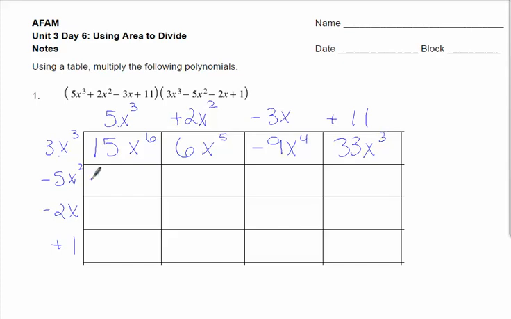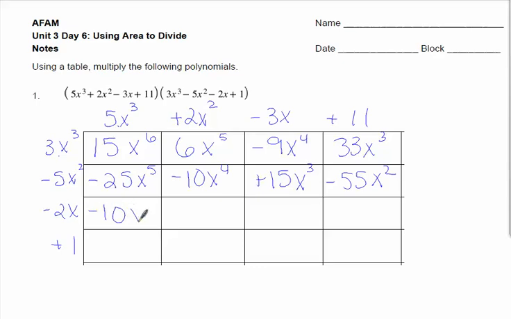And then I just keep going. Negative 25x to the 5th, negative 10x to the 4th, positive 15x to the 3rd, negative 55x squared.